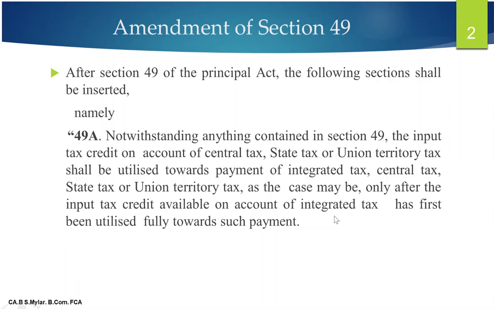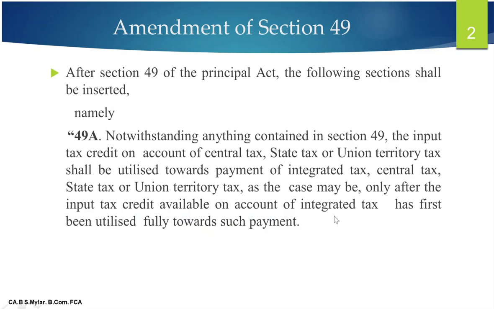We used to adjust integrated tax at the end because of its fungible character. IGST is a tax which can be utilized either for the payment of IGST, CGST, SGST. But if you take the example of CGST and SGST, the fungibility is very less. CGST can be utilized for CGST, then for IGST; SGST can be utilized for the payment of SGST, then IGST.